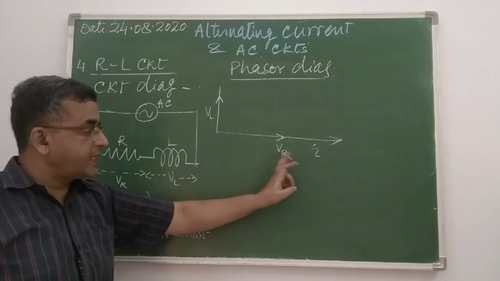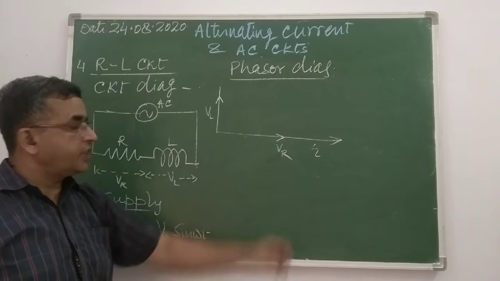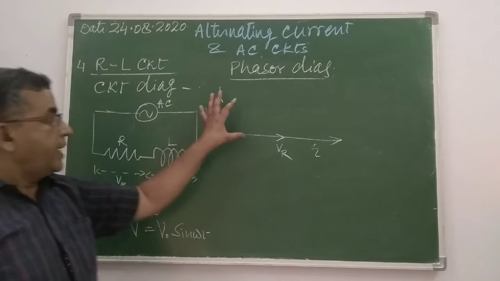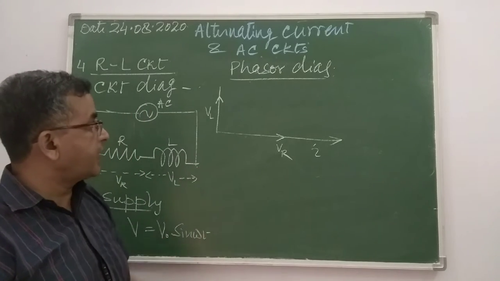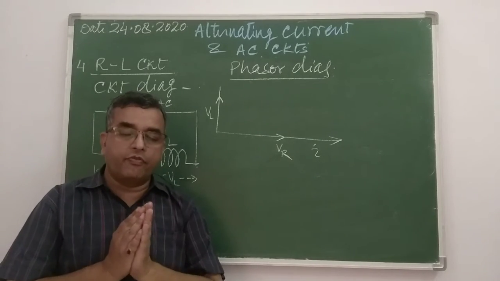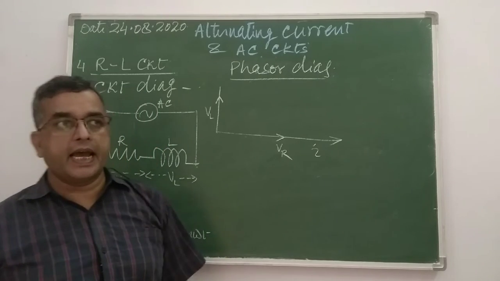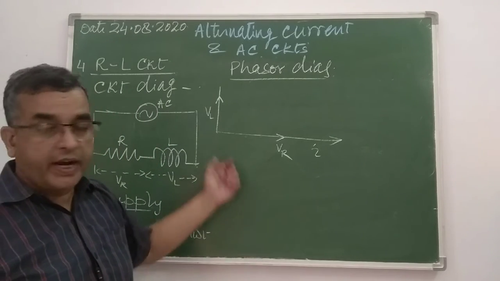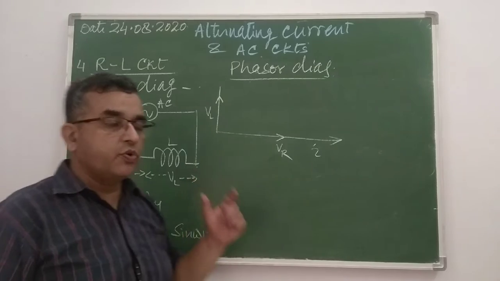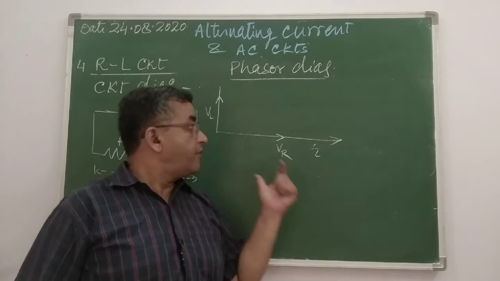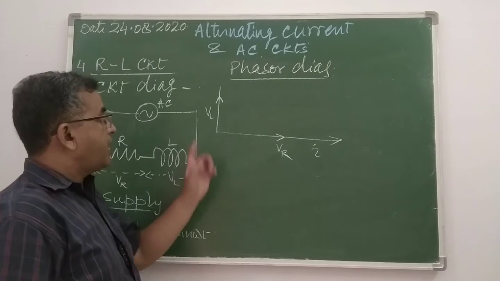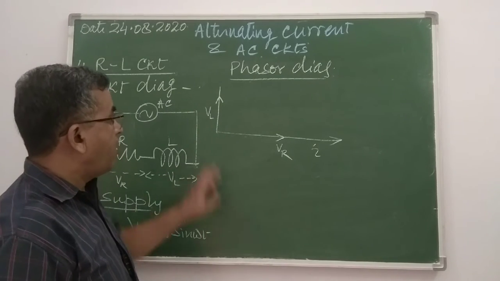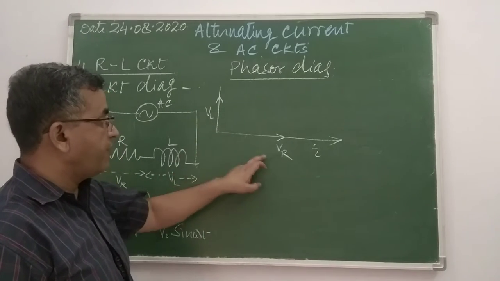And with resistance, the phase difference is 0. So in alternating circuits, the current and voltage are treated as vectors. So we can use the vector property to determine the resultant of the voltage VL and VR.